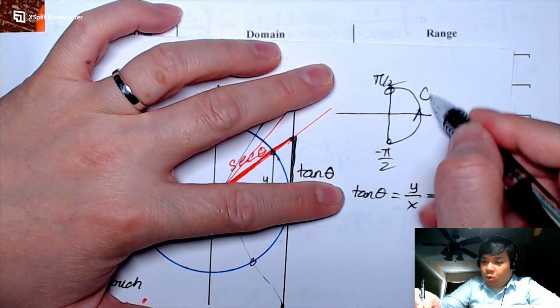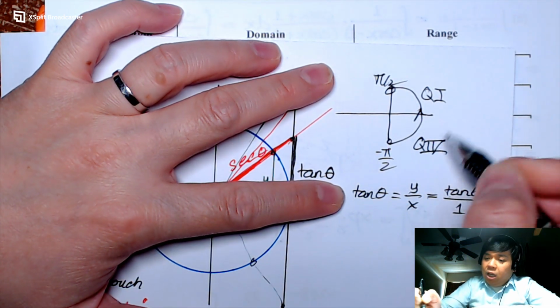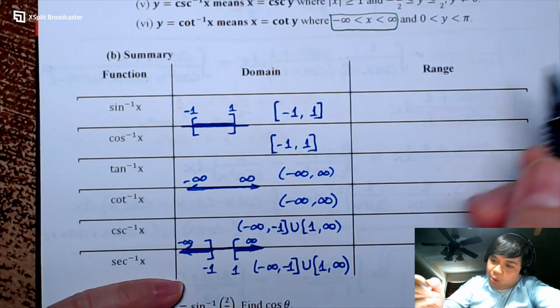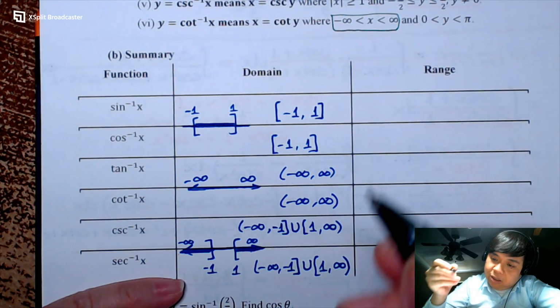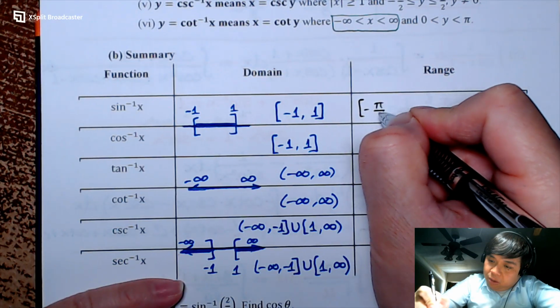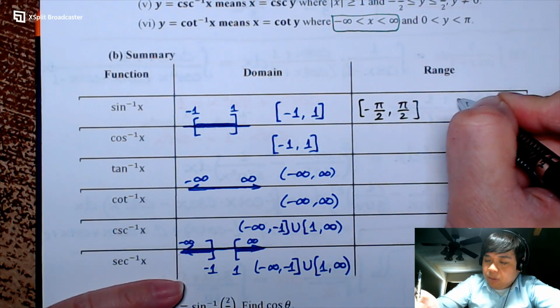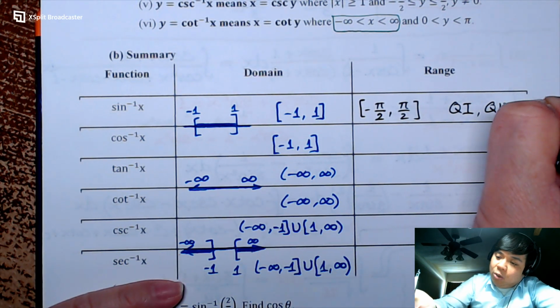And you see this is quadrant 1 and this is quadrant 4. So sine inverse is quadrant 1 and quadrant 4, -π/2 to π/2. Or we say Q1, quadrant 1 and quadrant 4.